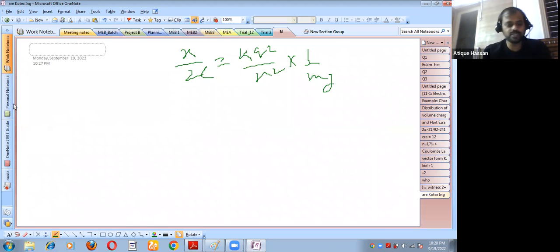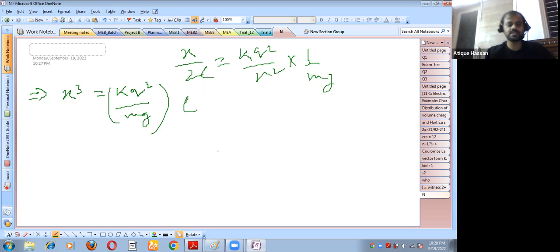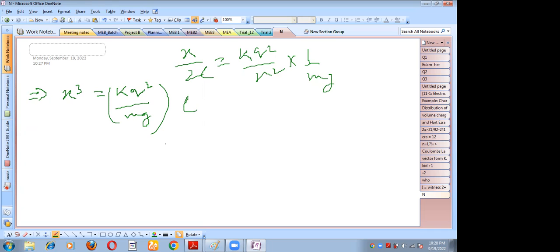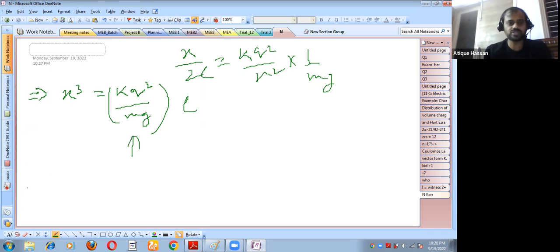So from here you can write x cube will be equal to k q square by mg into l. Getting my point? And the term in the bracket is constant.